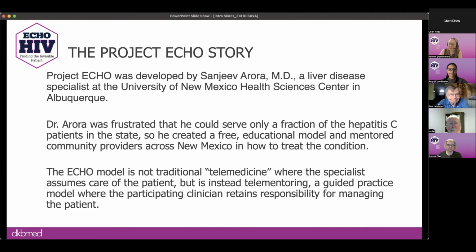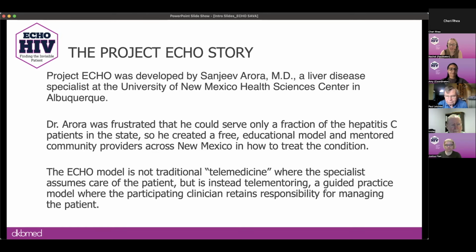So for those of you that are not familiar with Project Echo, Echo was developed by Dr. Sanjeev Arora, a liver disease specialist at the University of New Mexico Health Sciences Center in Albuquerque. He was frustrated that he could only serve a fraction of the hepatitis C patients in the state, so he created this free educational model and mentored community providers across New Mexico in how to treat the condition.